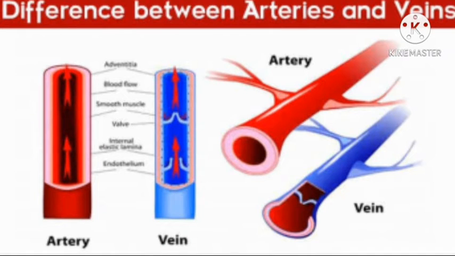That's why, dear students, the flow of blood in arteries is with high speed, and the flow of blood in the veins is low speed. This is the reason. Next one is position in the body. Arteries are deep seated and veins are comparatively superficial. We are sometimes able to see the veins of our body. So students, these are the differences between arteries and veins.